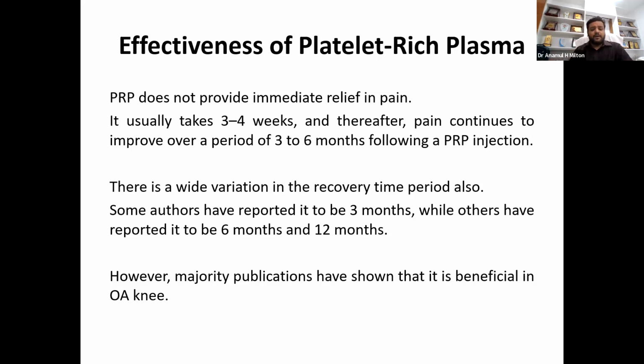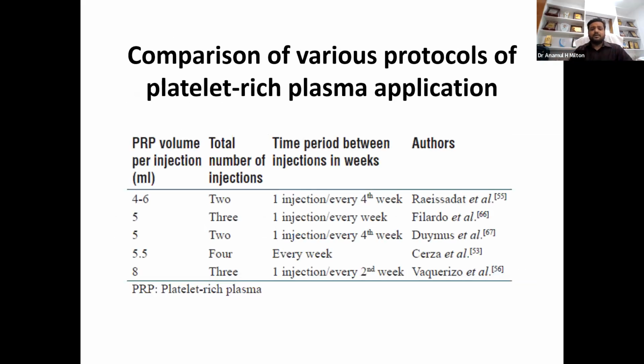So we should observe how much the pain decreases and how much the function improves, just before the PRP and after the PRP. There is a lot of controversy about what the protocols are.